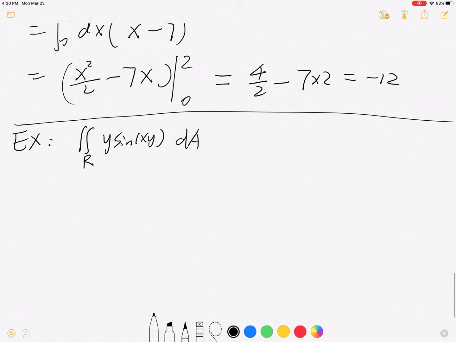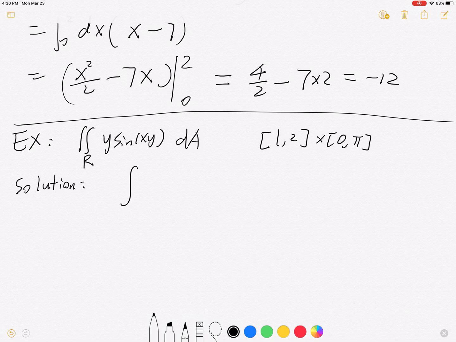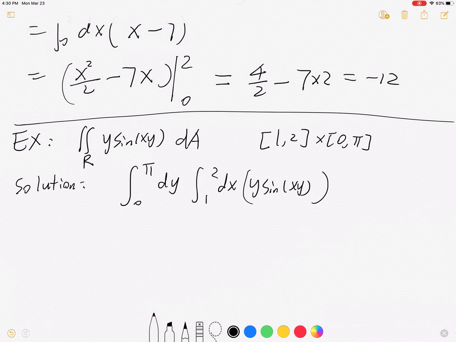Suppose you have an integral of the function y sine xy over the region [1, 2] cross [0, pi]. What is the answer? So here we write down the integral. We first do the x integral from 1 to 2, and then we do the y integral from 0 to pi.